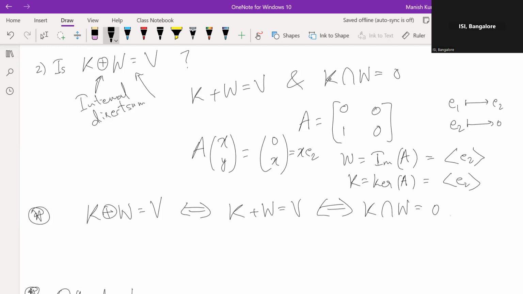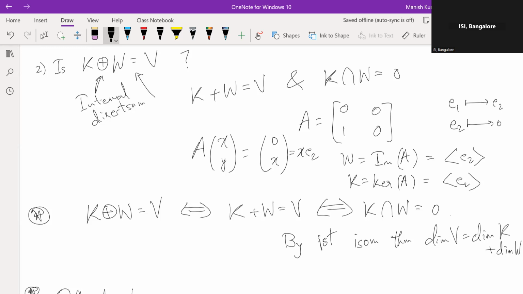So this follows from the first isomorphism theorem: dimension V is equal to dimension K plus dimension W. So if K plus W is the whole of V, that means the intersection cannot be bigger.